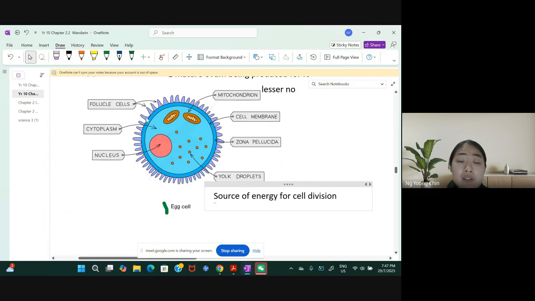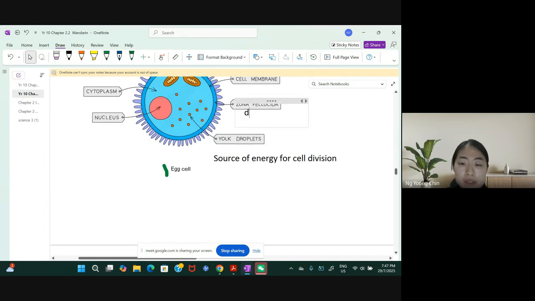And then it's surrounded by the inner cell membrane and the outer one, the zona pellucida. This zona pellucida is a very, very hard surface. It needs to be digested by the acrosome, so it will be penetrated by the sperm.